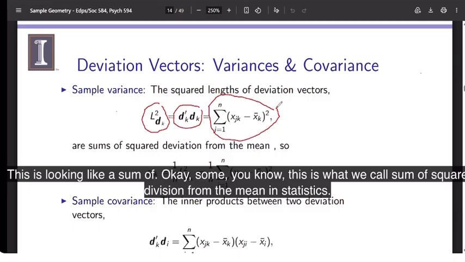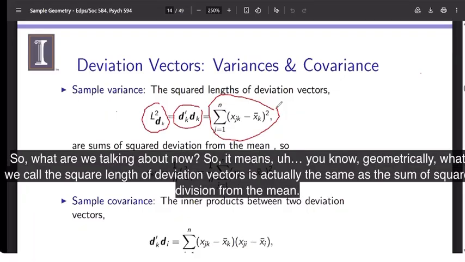So what are we talking about now? It means, geometrically, what we call the square length of deviation vectors is the same as the sum of square deviation from the mean. That is one of the geometric interpretations that we're talking about.